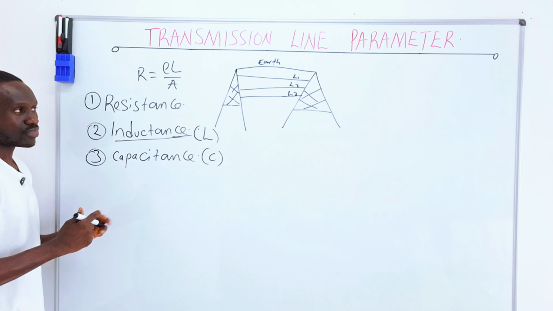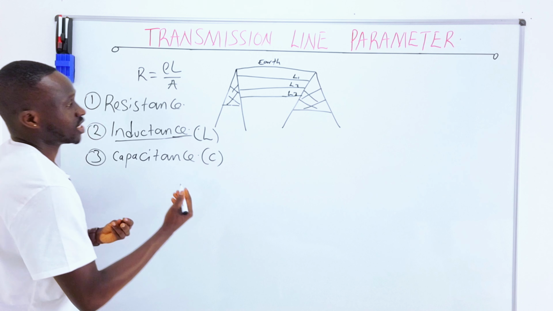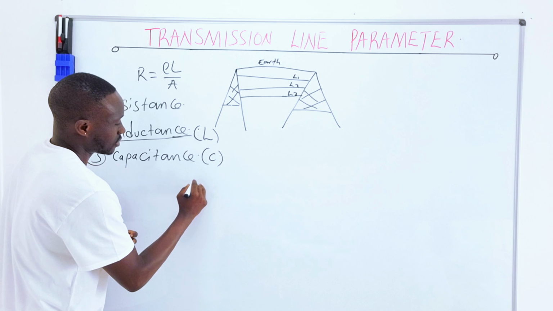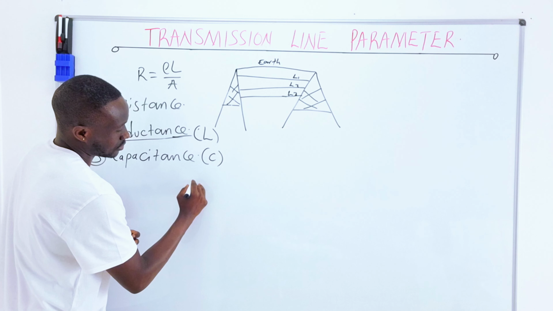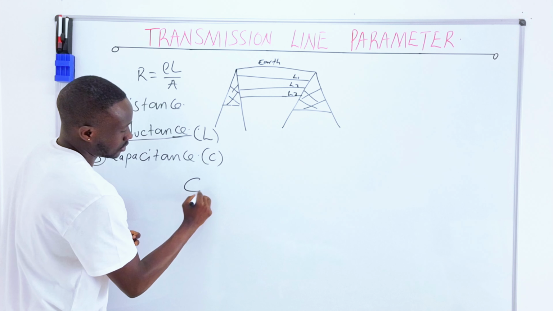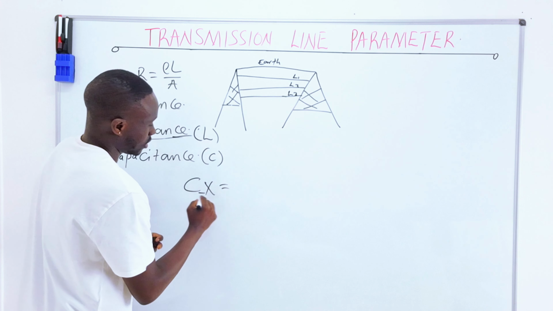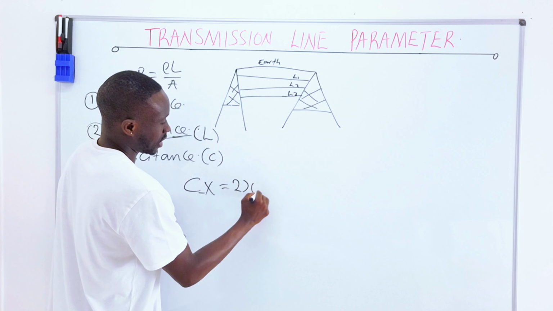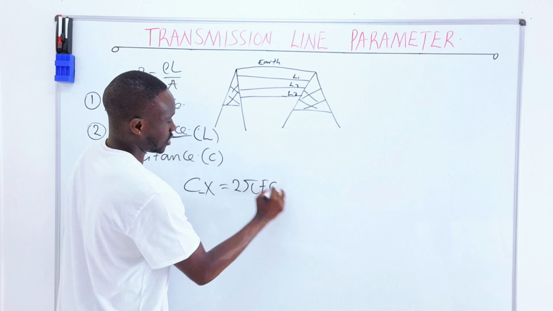Capacitive reactance, Xc, will be 1 divided by 2 pi Fc.